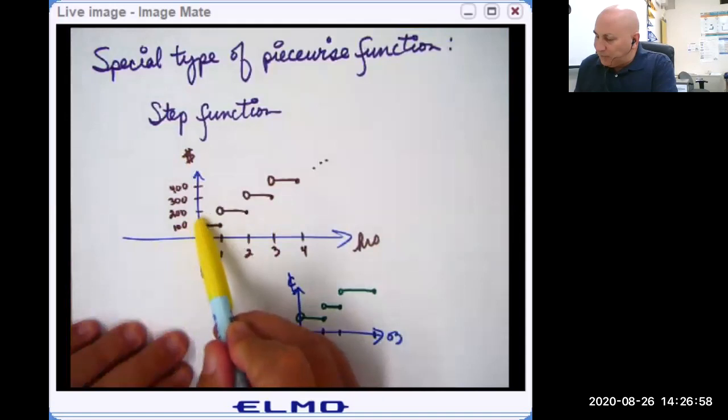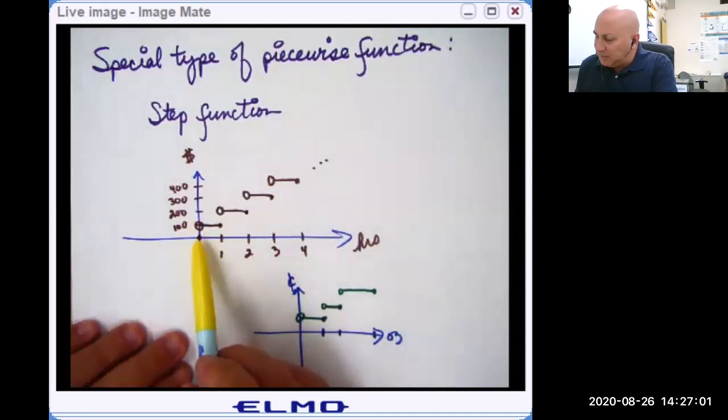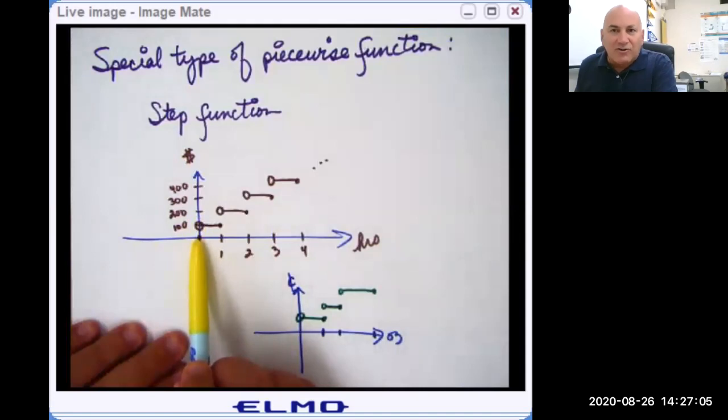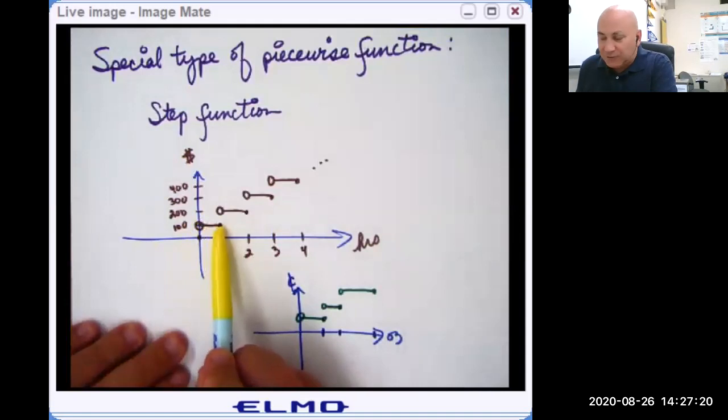So that's an open circle here, because if they don't work on your car at all, they don't charge you anything. So 0, 0 is the point there. The moment they've worked on your car 1 second, boom, they're charging you $100. So you can see it's an open circle up here, and out here at $100 is the closed circle.